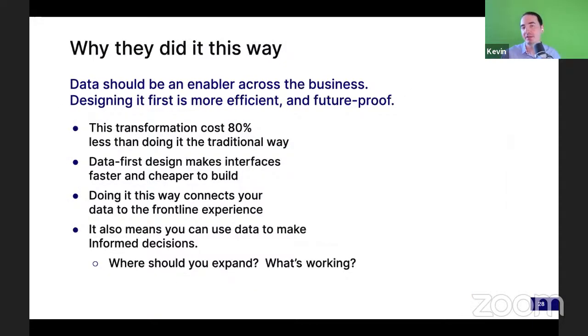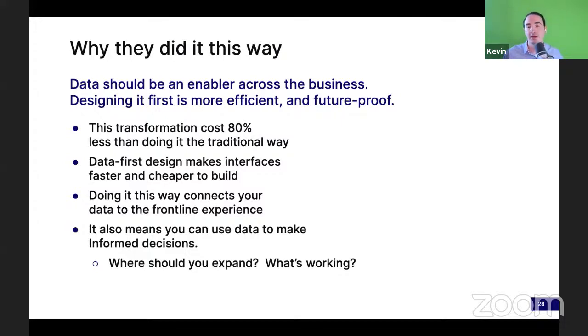But then the other piece is that data really should be an enabler across the business. If you design it first, yes, it slows down the process a little bit at the beginning, and it's a little boring, but it can really make things more efficient. We were able to do some of this transformation work at 80% less than what a traditional transformation would cost, because we were able to design the data and be intentional about it.